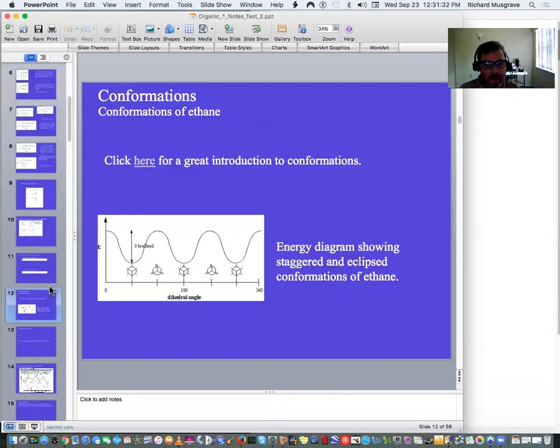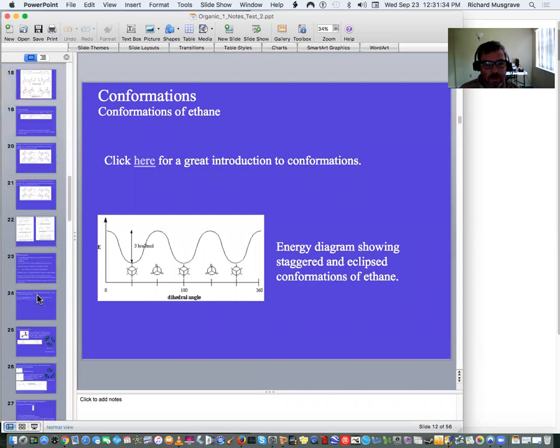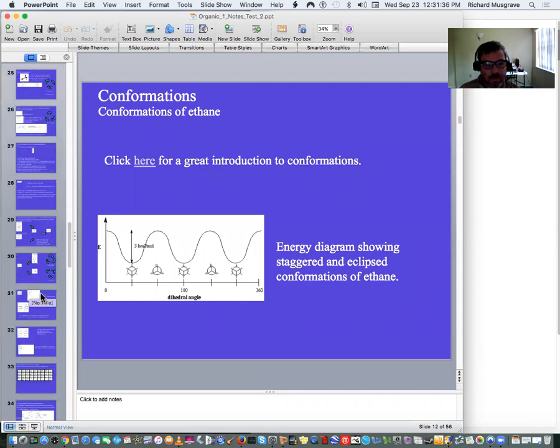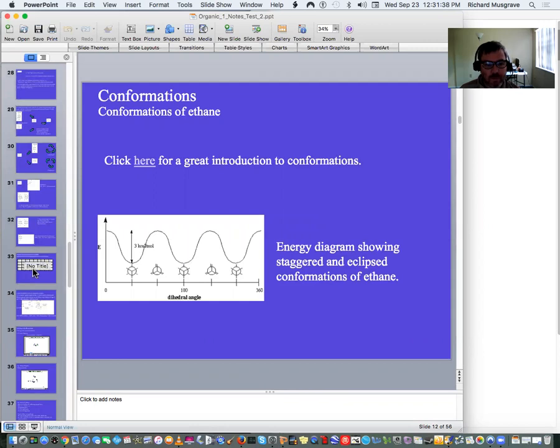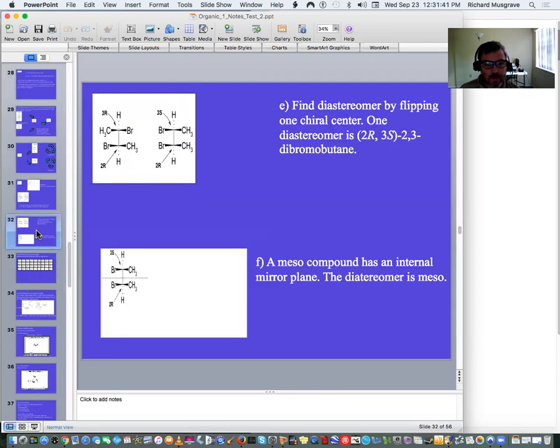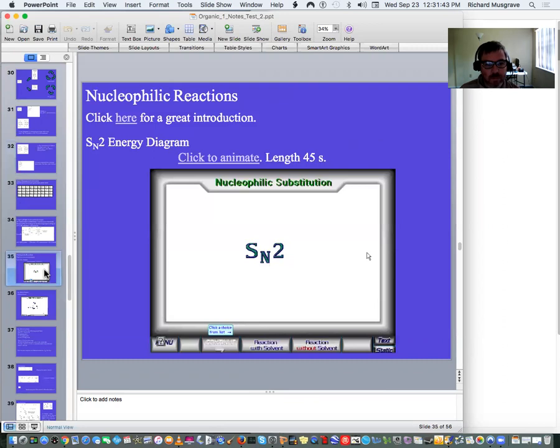So we are working on substitution reactions. We're starting out with nucleophilic reactions. Let's see what that means here.